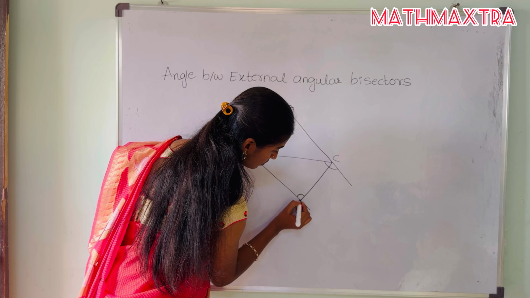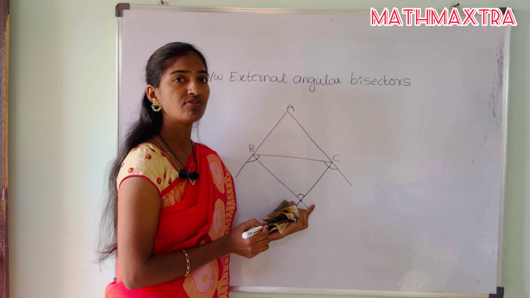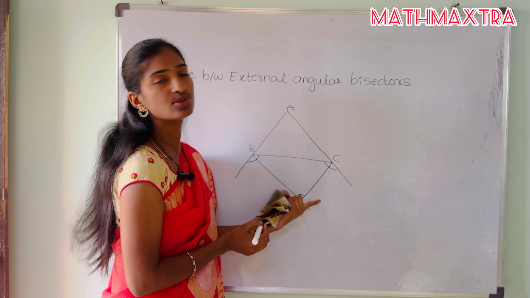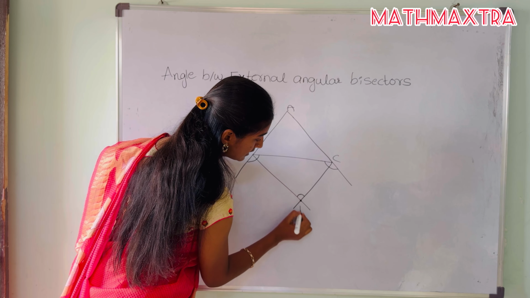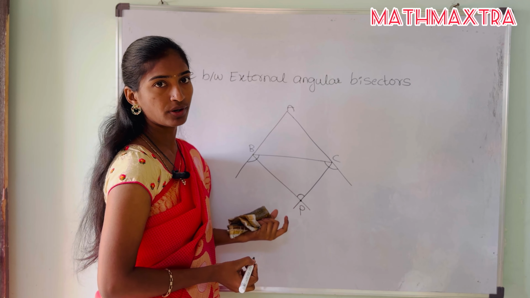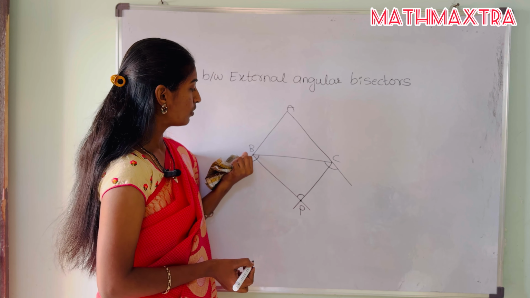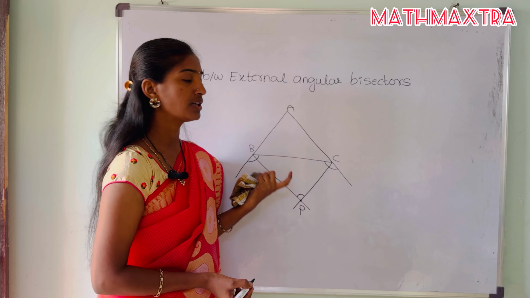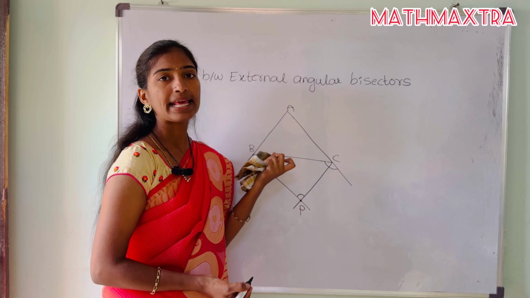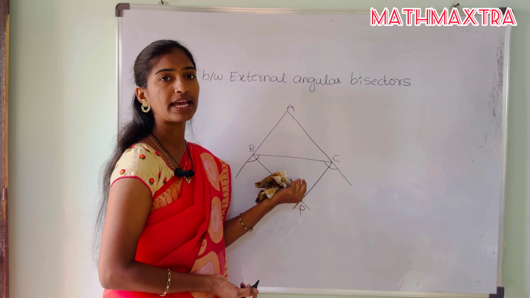Because these two are intersecting at this point, there is a chance of forming an angle between these two external angular bisectors. Let us consider this is point P. Sometimes they ask the question: what is the angle formed by two external angular bisectors of triangle ABC? At that time you need to find this angle.